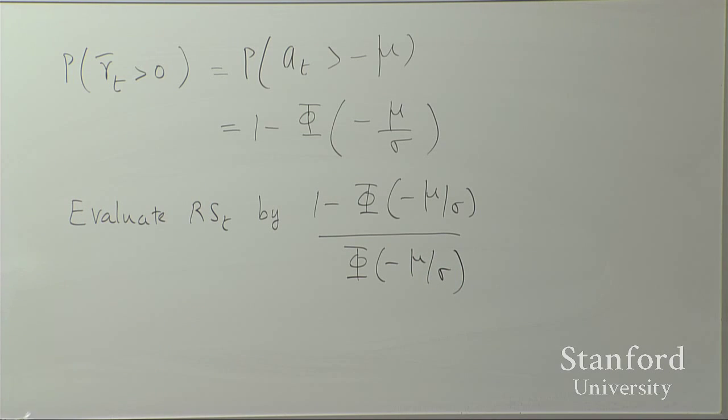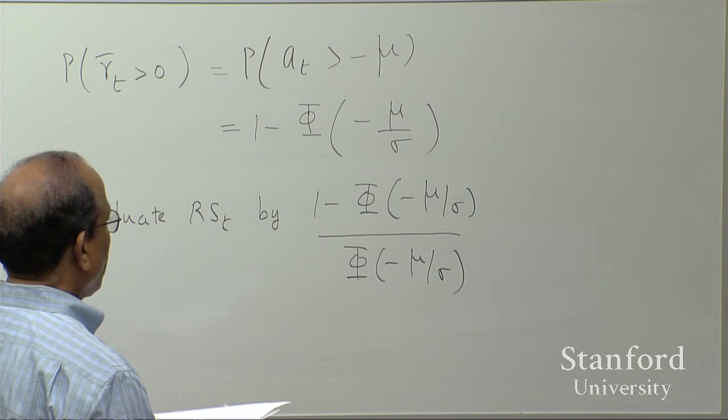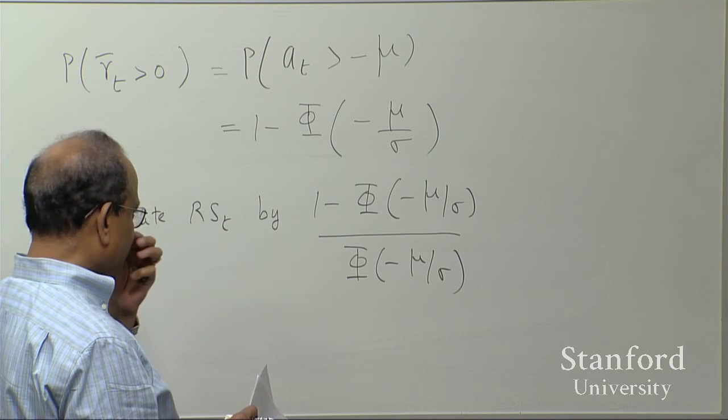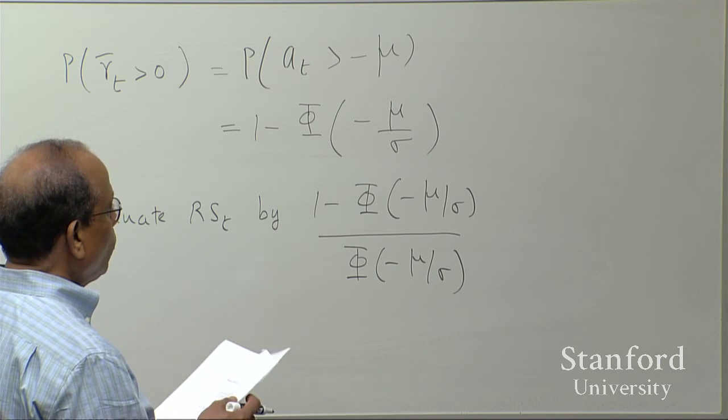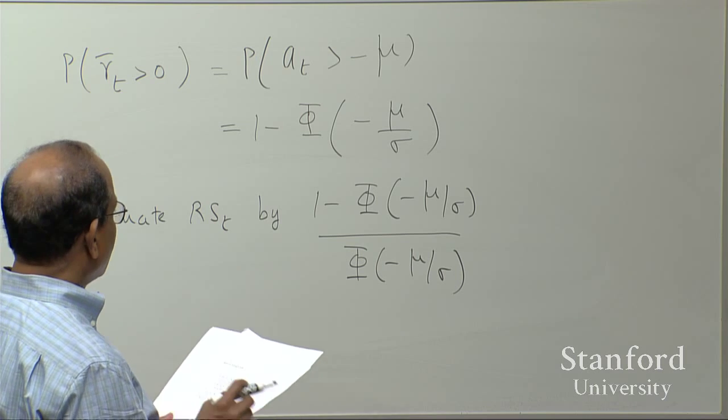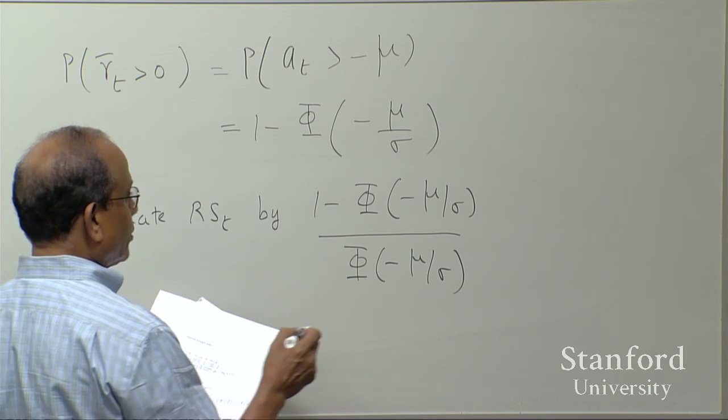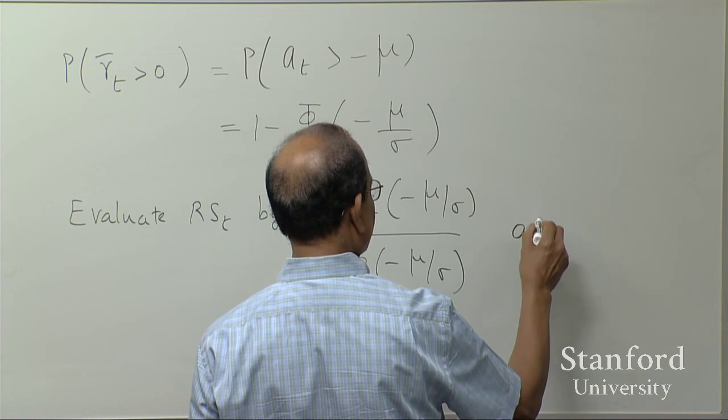Essentially, this gives you the odds ratio, right? What is the chance that it's up? So if the mean is 0, we know that this is going to be 1/2 and 1/2, so it's going to be 1. So this essentially gives you the odds ratio.